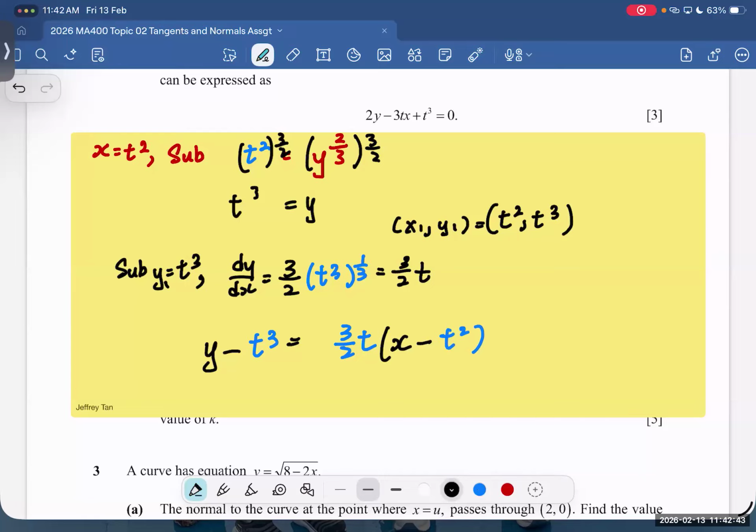I hope you simplify this. Do I need to go some more or let you try yourself? Okay, you will get 2y minus 3tx plus t cubed. Okay. I'm trying to write it.